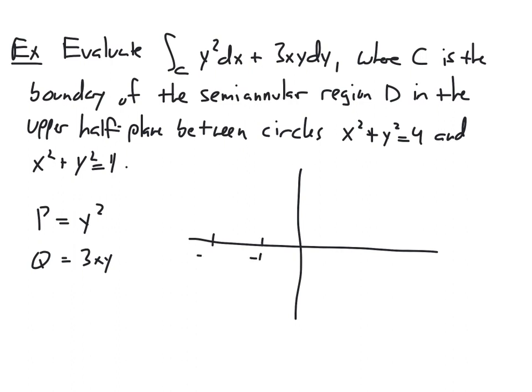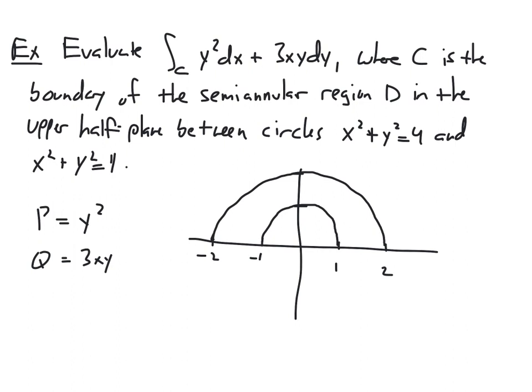So this will be -1, -2, 1, and 2. I guess we'll have 1 here and 2 there. So we have the unit circle, x squared plus y squared equals 1. In the upper half plane is that curve there. x squared plus y squared equals 4 in the upper half plane is that circle there.